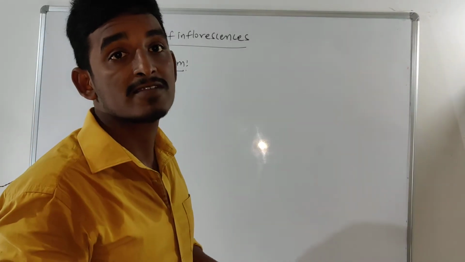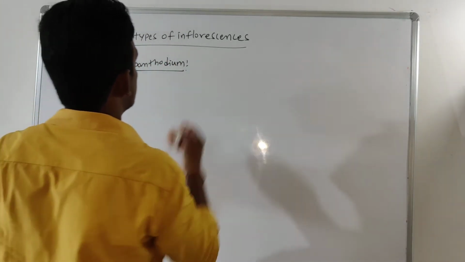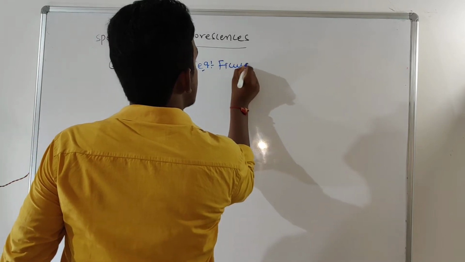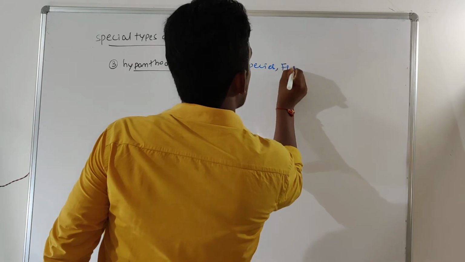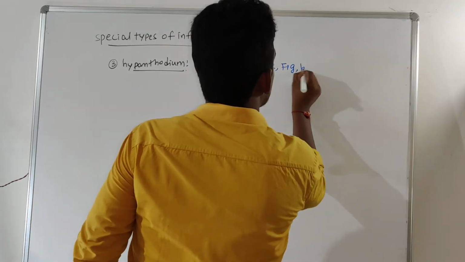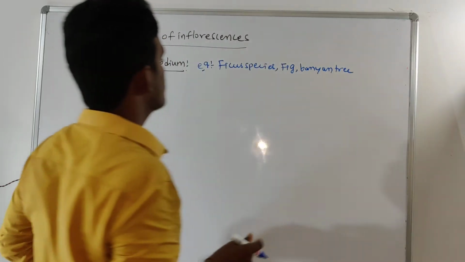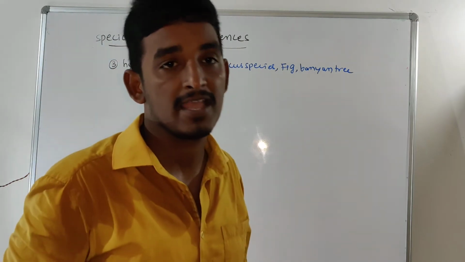This type of inflorescence is mainly found in Ficus species, such as fig as well as banyan tree. These are the examples of the hypanthodium inflorescence.